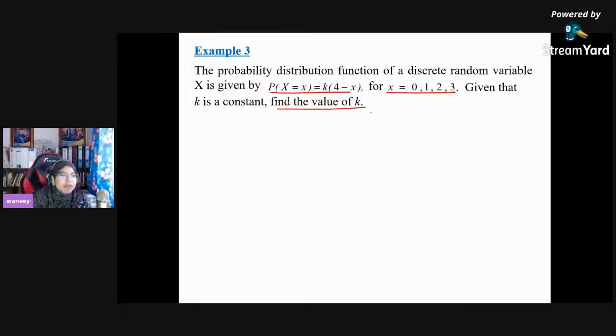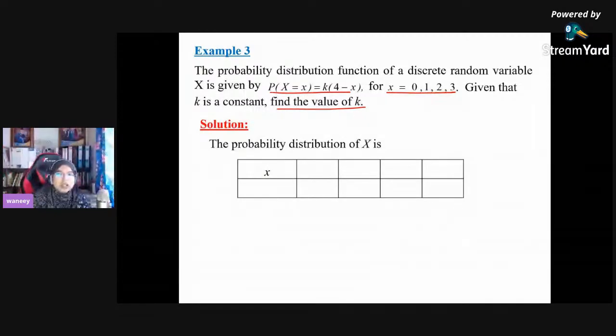Every time I have a discrete random variable, I prefer to draw a table for them straight away. And then the first row is for the x, the second row is for P(X equal to x). So they already mentioned over here the x is 0, 1, 2, 3. So let me write them down in my table. And then the second row is for probability for X equal to x.